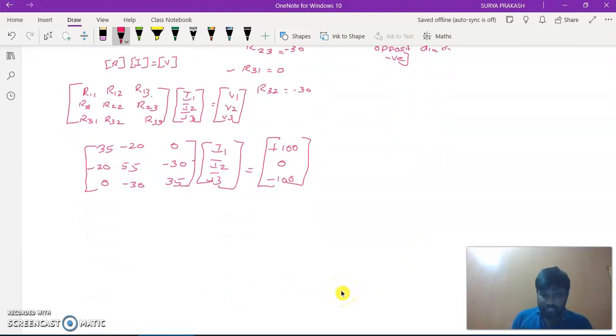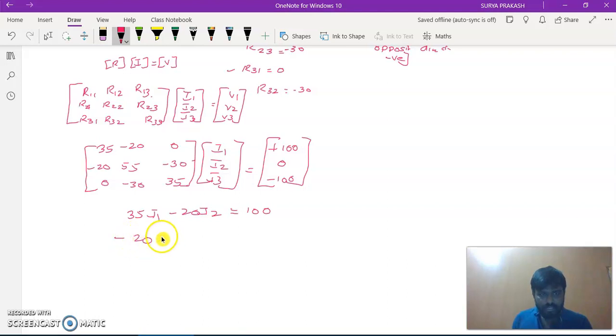So let us derive the equation for each and every loop. It is 35 I1 minus 20 I2, zero for I3 since we are neglecting it, and it is equal to 100.